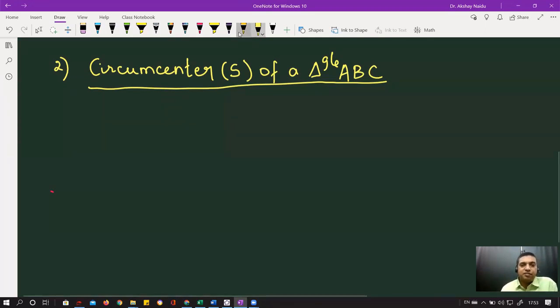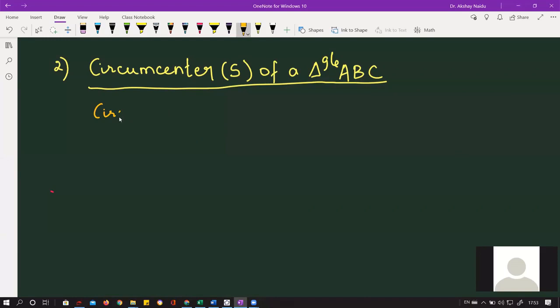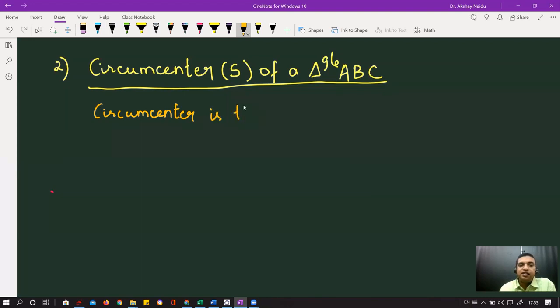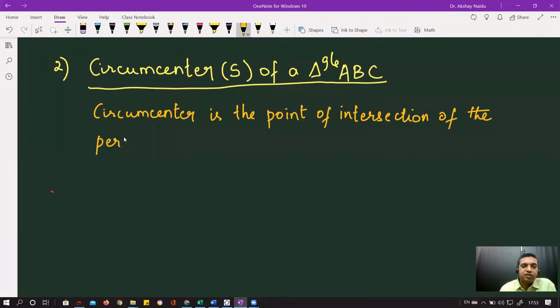What is circumcenter? It's a point of intersection of perpendicular bisectors of sides. Very good. Circumcenter is the point of intersection of the perpendicular bisectors of sides.